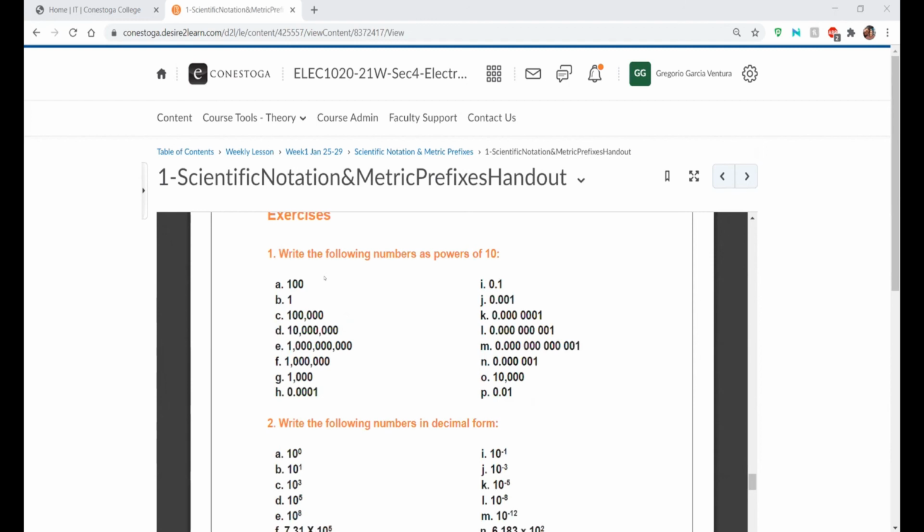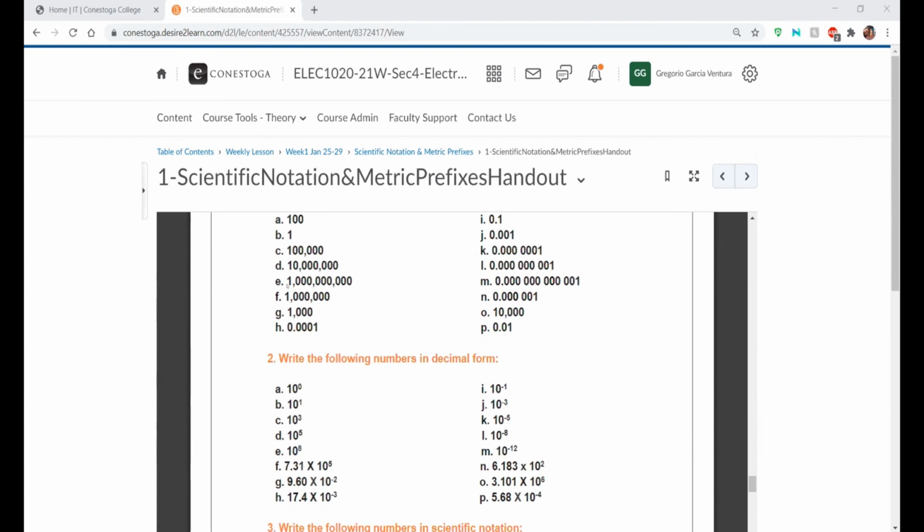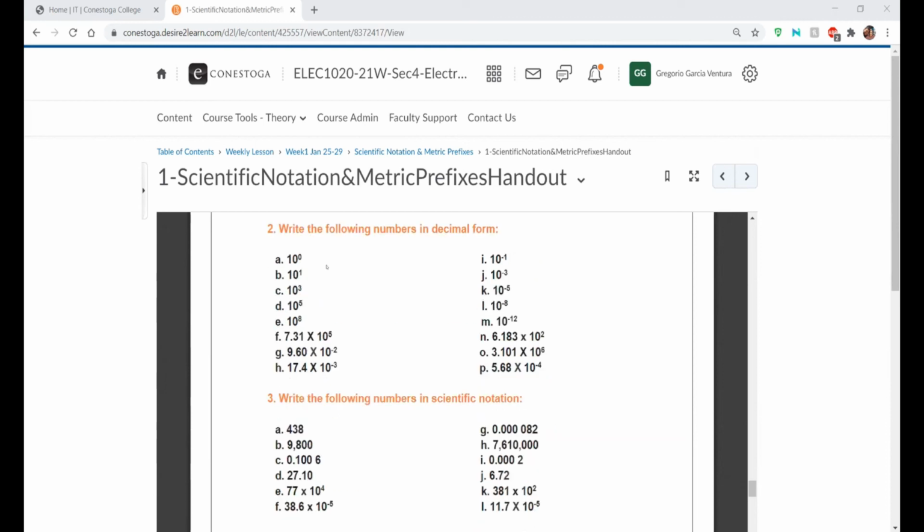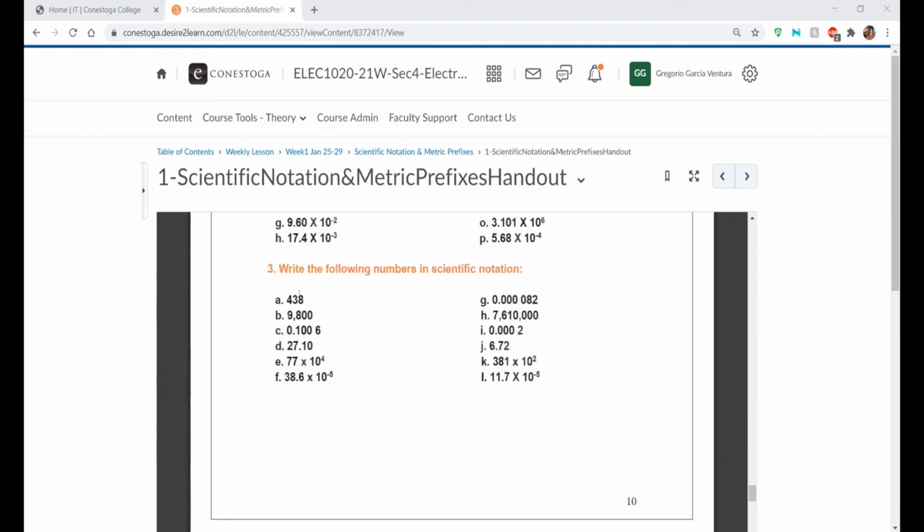You can take a break because what's the point if I give you an exercise rather than taking a break? But when we come back from this 10 minute break, I'm going to set the timer. Then we are going to get into writing numbers, powers of 10. I'm just going to be asking you live to do like 3 or 4 of these exercises, and also writing numbers in decimal form and writing numbers in scientific notation.